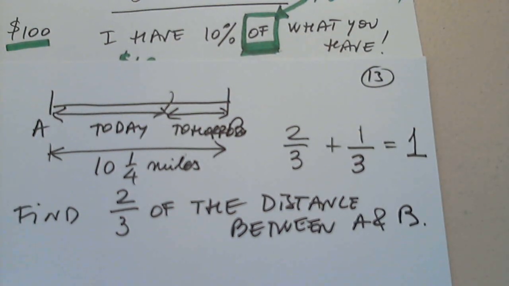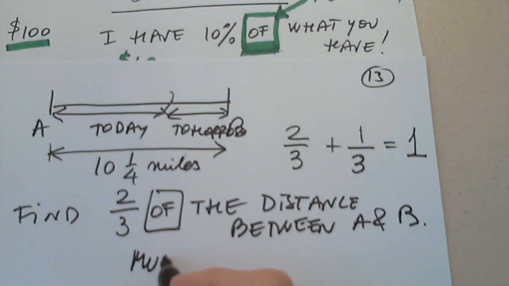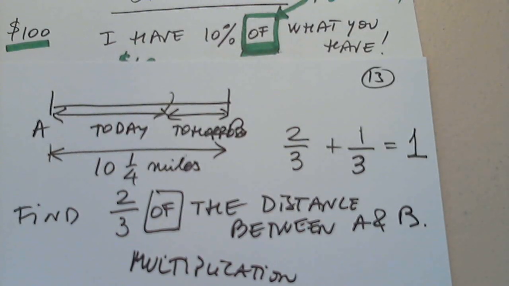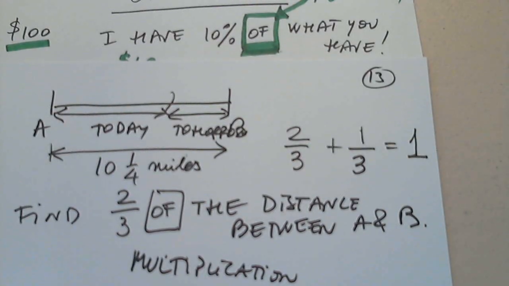So of means multiplication. So then I'll have 2/3 of what?